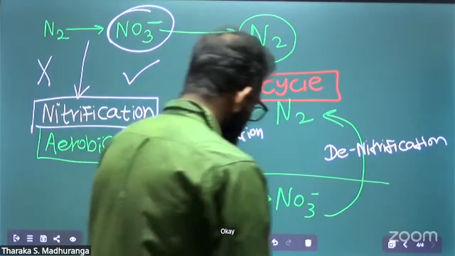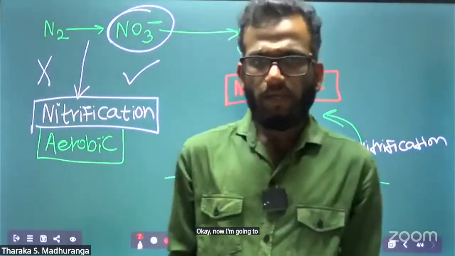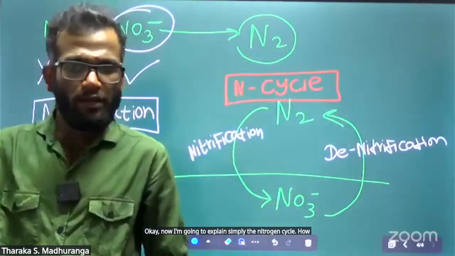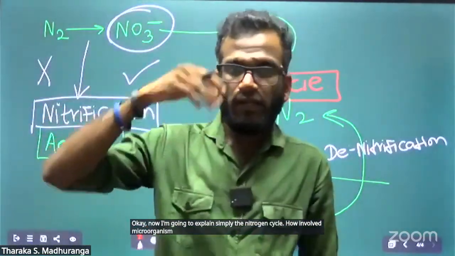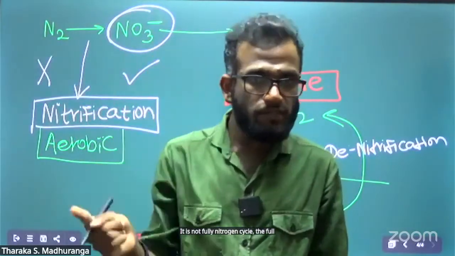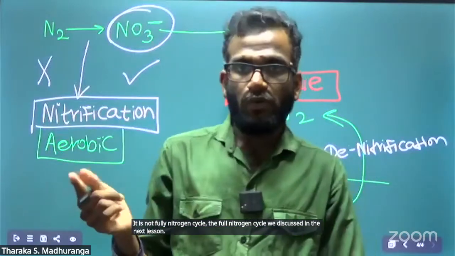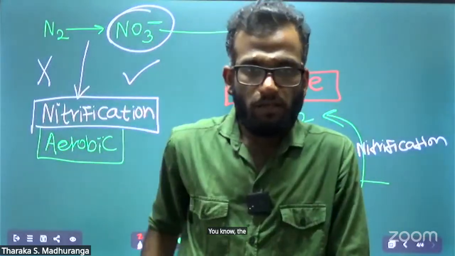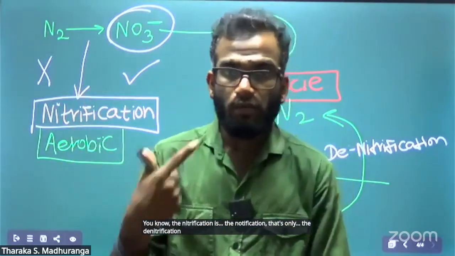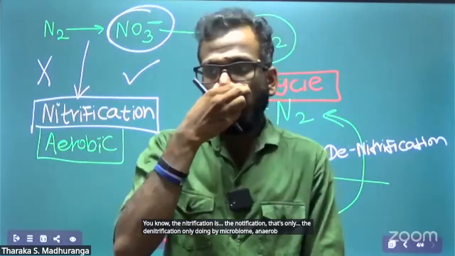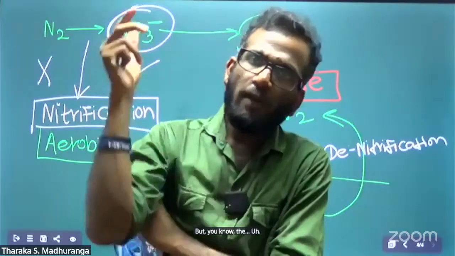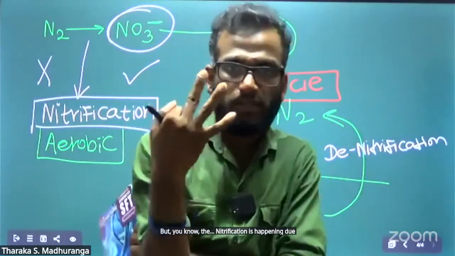Okay, now I'm going to explain simply the nitrogen cycle, how microorganisms are involved in it. It is not the full nitrogen cycle. The full nitrogen cycle we will discuss in the next lesson. Denitrification is done only by microorganisms, anaerobic microorganisms. But nitrification happens due to three methods.